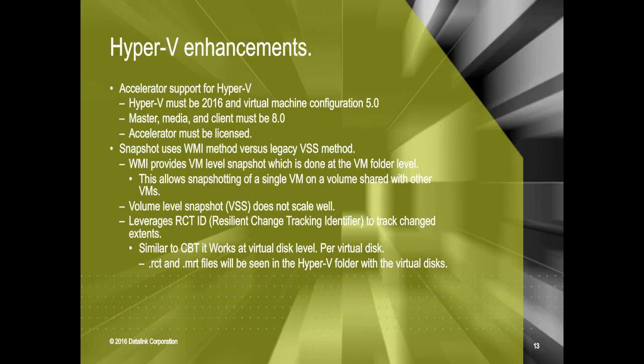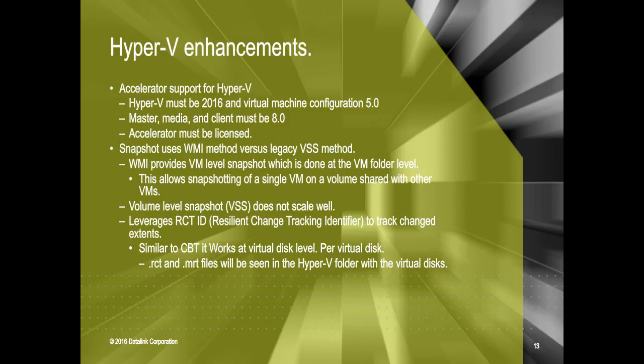So when you were snapshotting a volume, you were snapshotting all of the VMs on that volume and just picking and choosing what you needed for the particular VM as it was being backed up. WMI provides a higher level of control and a tighter interface with the operating system, so it allows you to do a virtual machine level snapshot of the VM, so it's only going to snapshot that one VM.